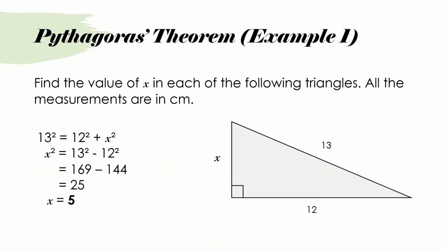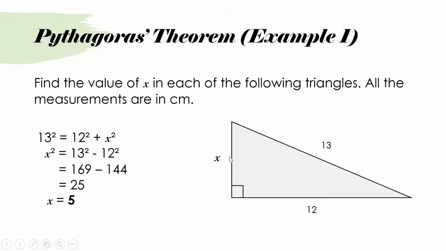Okay, next. So example 1. How do you use Pythagoras theorem in a question? Okay, find the value of x in each of the following triangles. All the measurements are in centimeters. So we have x, we have 12, and we have 13. And this is a right angle triangle.